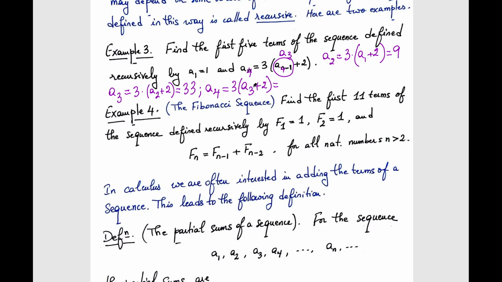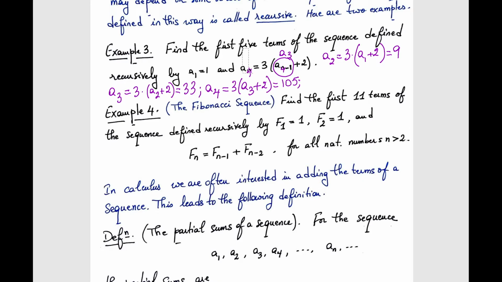And how much is a3? 33. So 33 plus 2 is 35. And 35 times 3, so 35 times 2 is 70, plus another 35 is 105, right? Okay, so this is the fourth term.